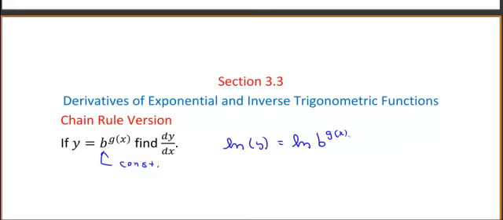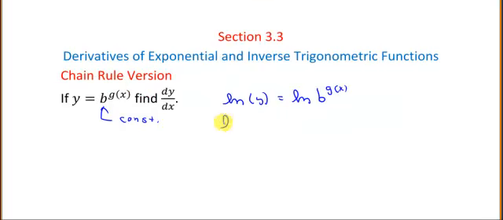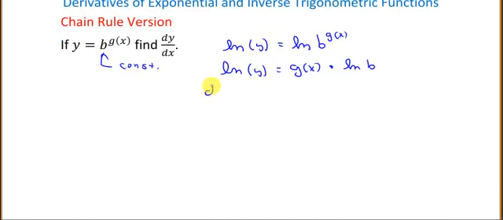Notice that on the right side, g of x is the exponent, and because of our log properties, this exponent g of x can come out as a multiplier times the natural log of the base b. Now I take the derivative of each side with respect to x.